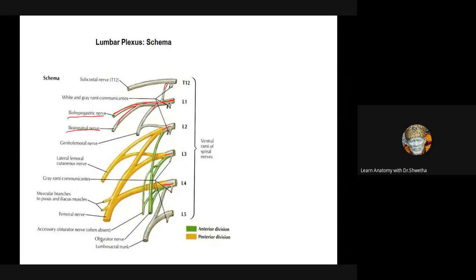You will tell me the root value of these two nerves, students. It is L1. So these are the branches of L1. It receives a small twig from T12 as well. Now, the lower segment of the ventral ramus of L1 will join with the ventral ramus of L2 and form another nerve called the genitofemoral nerve. So what were the branches of L1, students?